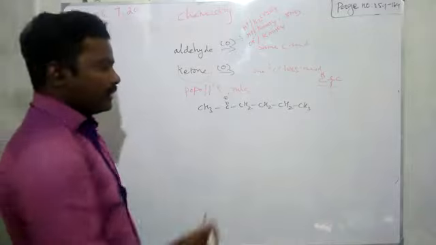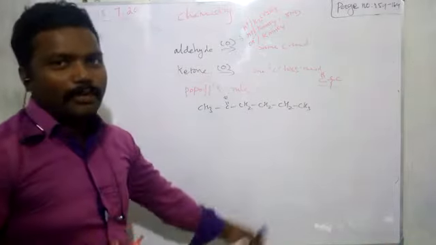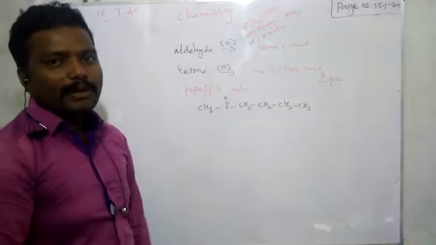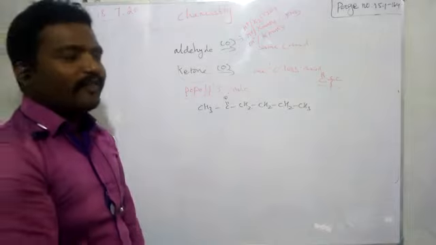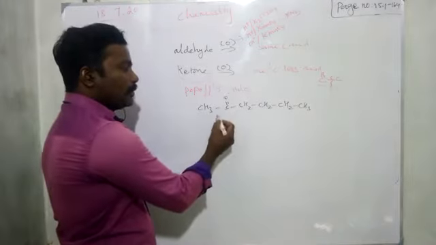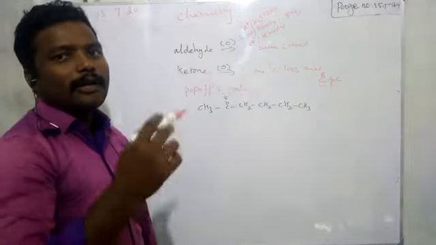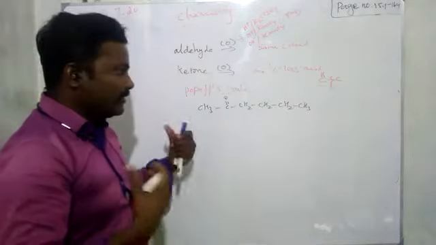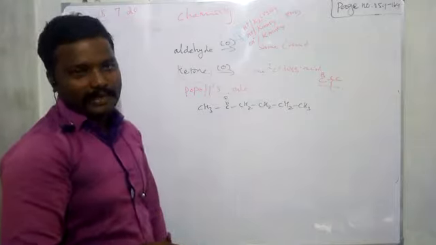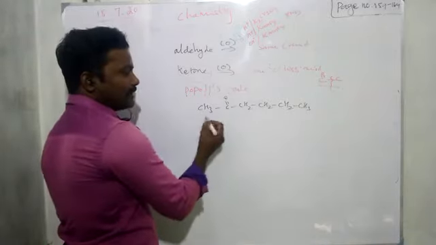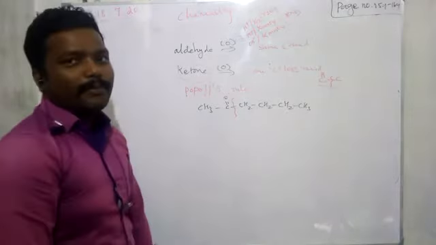Second rule, on both sides of the C=O we have carbons. We have to count the number of carbons. Whichever side has fewer carbons, the CO group will go along with that side. That is the second point. The carbonyl carbon gets preference to go along with the side having fewer carbons. So if you compare, this side has fewer carbons, so this bond will undergo breaking.